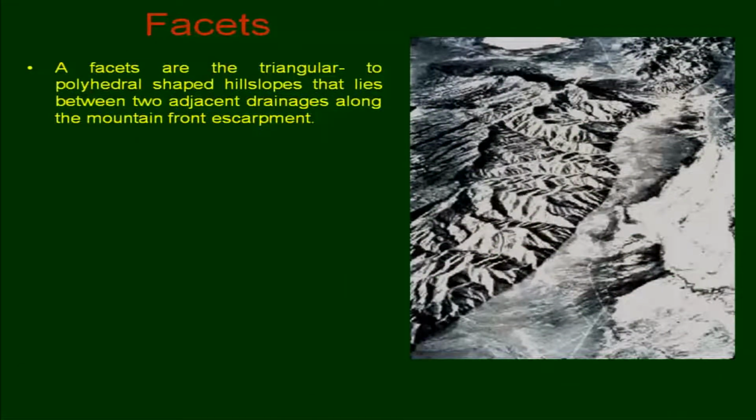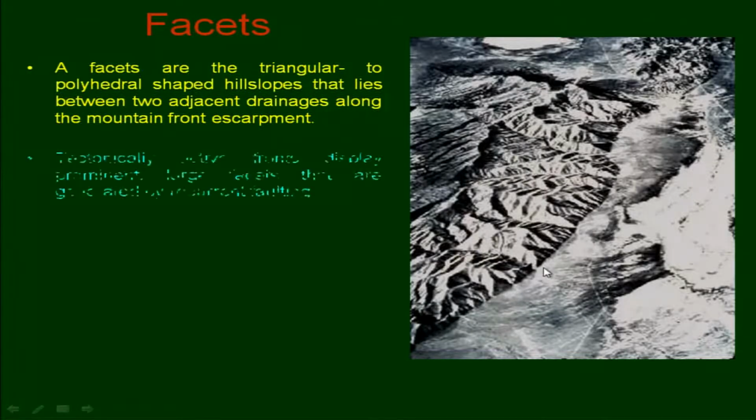If you have a sharp front and triangular features, these are facets, triangular shaped hill slopes. This is a triangle over here, a hill slope which exists between two adjacent drainages. One drainage is flowing here, another drainage is flowing here. Between the two adjacent drainages along the mountain front escarpment, these are termed triangular facets.